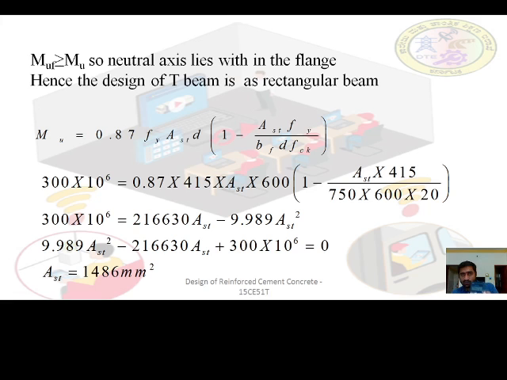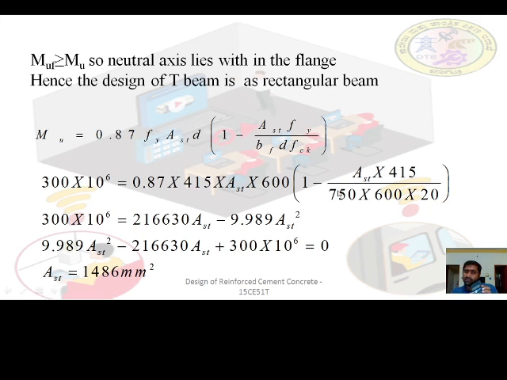Equal to. See, the x1 value works out to be 20,200. Press equals one more time and it will come 1486. The first one was a huge number, so don't use that. So the required steel is 1486 millimeter square.